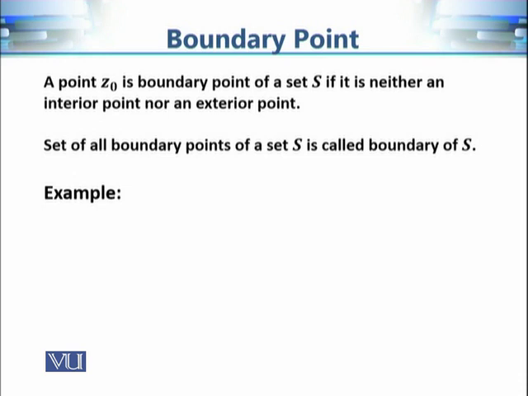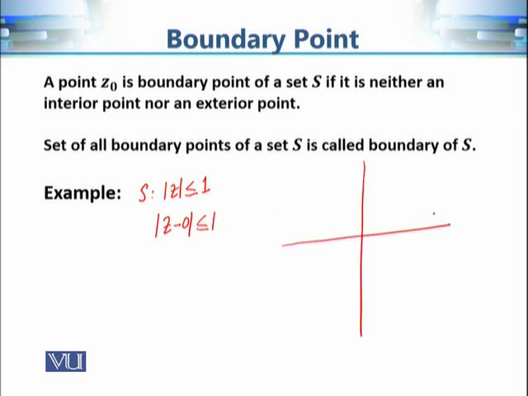For example, consider a set S which is defined as this closed disk. Why is this a closed disk? Because I can write it in the following form: modulus of Z minus 0 less than or equal to 1. So it becomes a closed disk with center origin and radius 1.